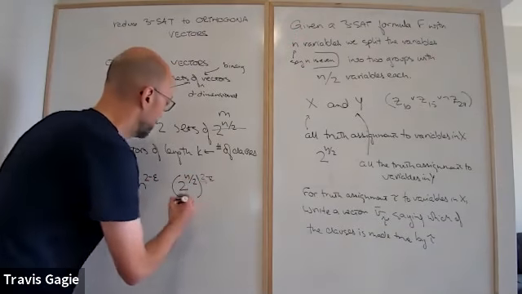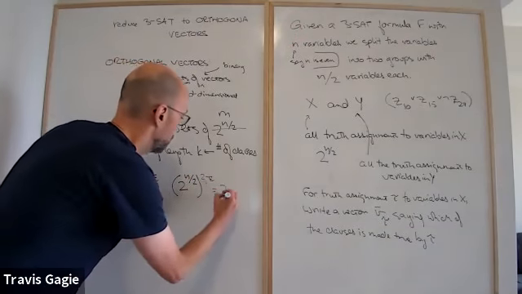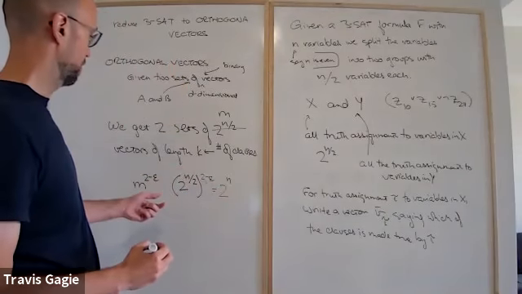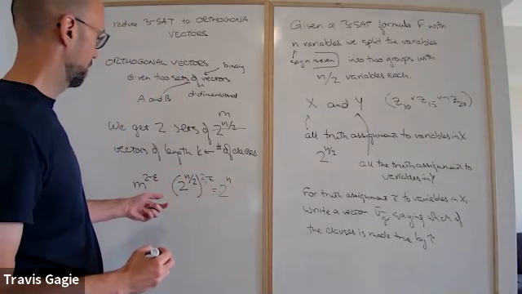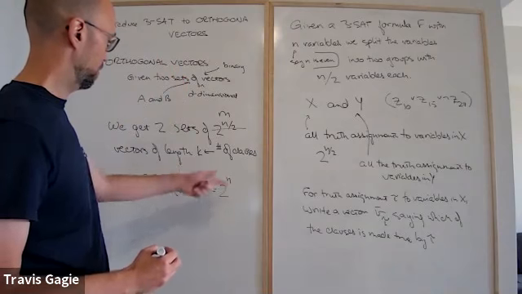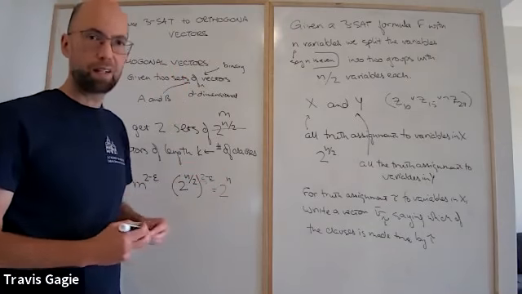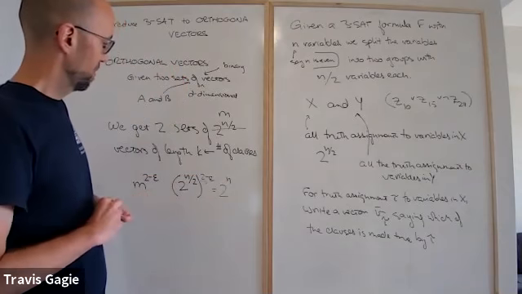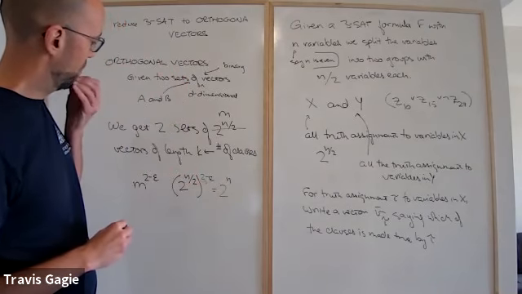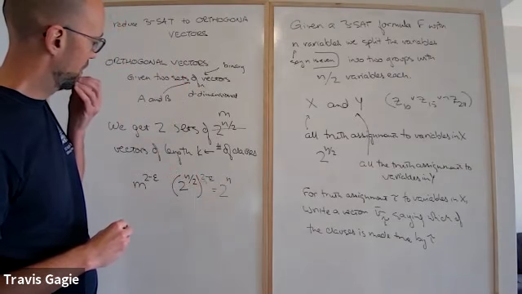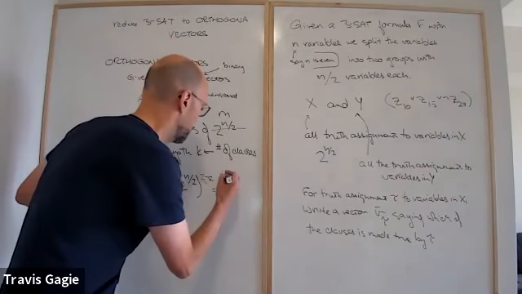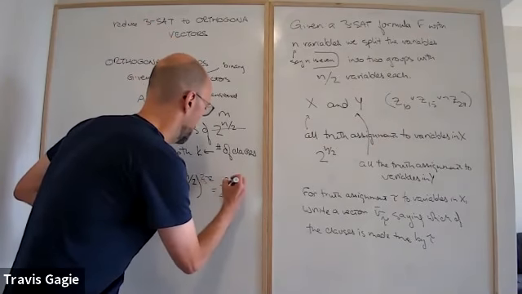And what is this? This is 2 to the n, and this is like minus epsilon times n. I'm actually getting some minus epsilon times n over 2.